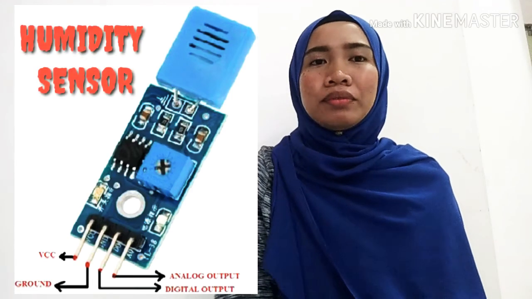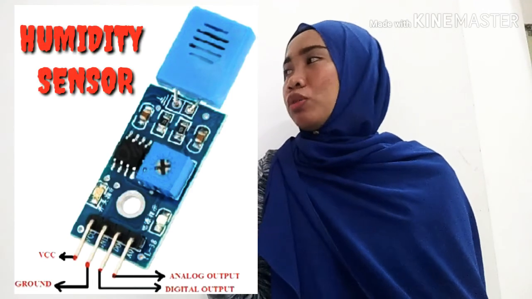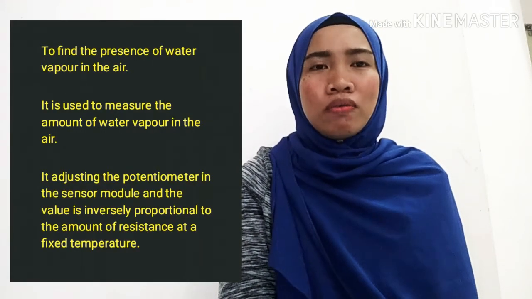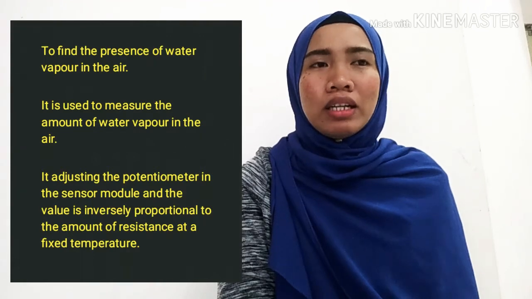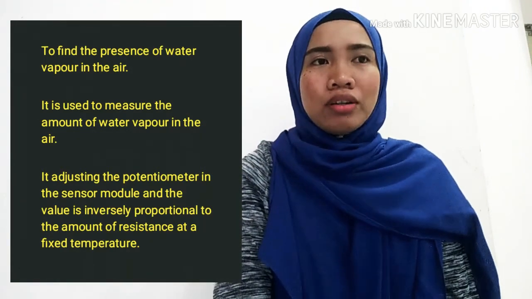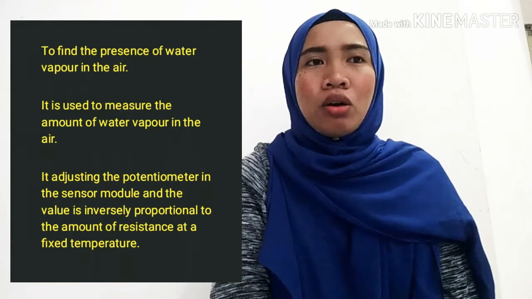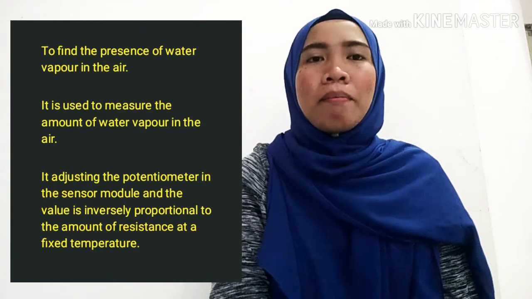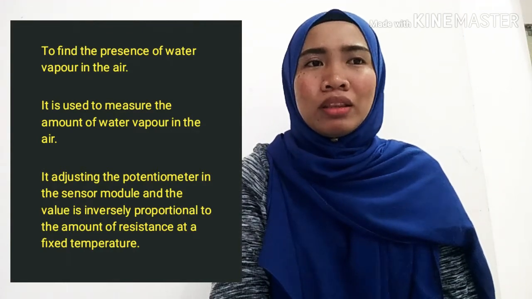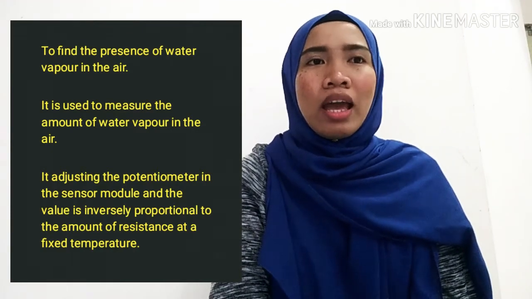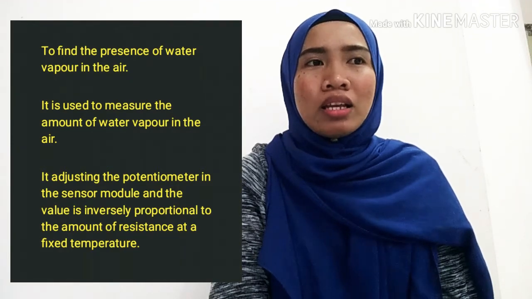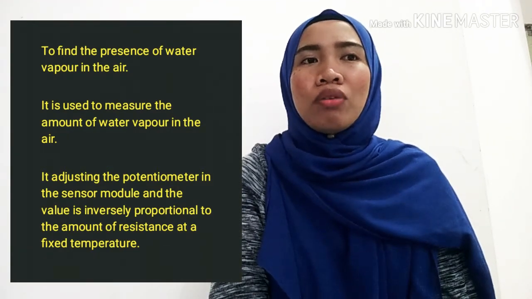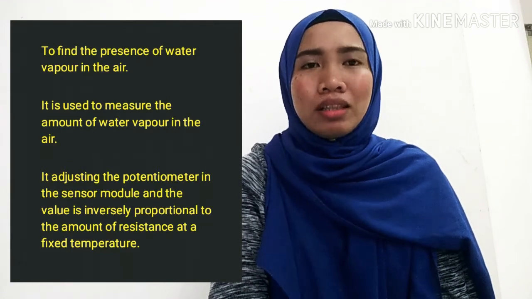The second sensor is the humidity sensor. This is the picture of the humidity sensor. The function of the humidity sensor is to find the presence of water vapor in the air. Therefore, the relative humidity is the common term used to measure the amount of water vapor in the air by adjusting the potentiometer in the sensor module, and the value is inversely proportional to the amount of resistance at a fixed temperature.